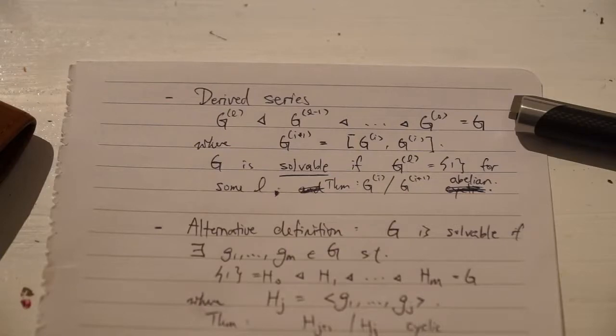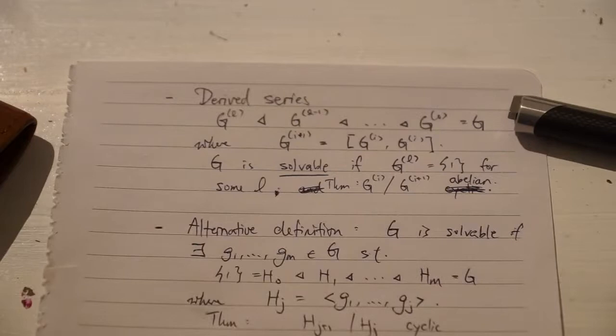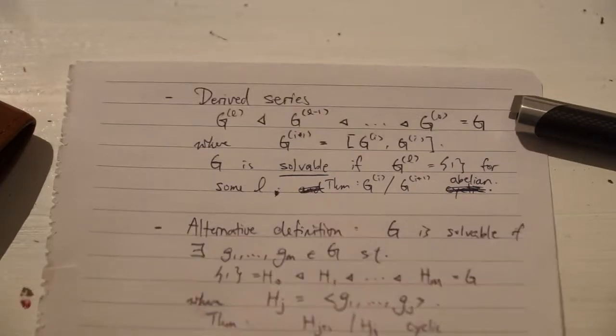Now we can finally define what solvability means. G is solvable if there exists some finite positive integer L such that G^(L) is the trivial group, consisting of just the identity element.